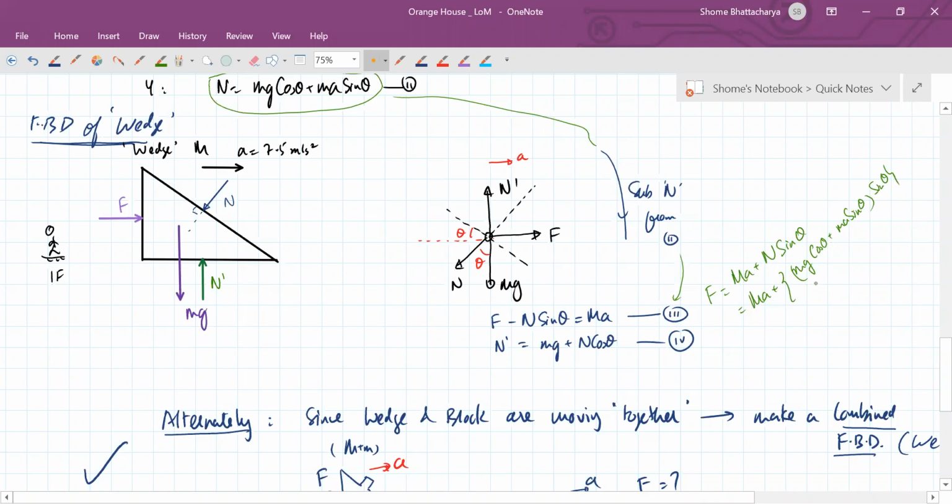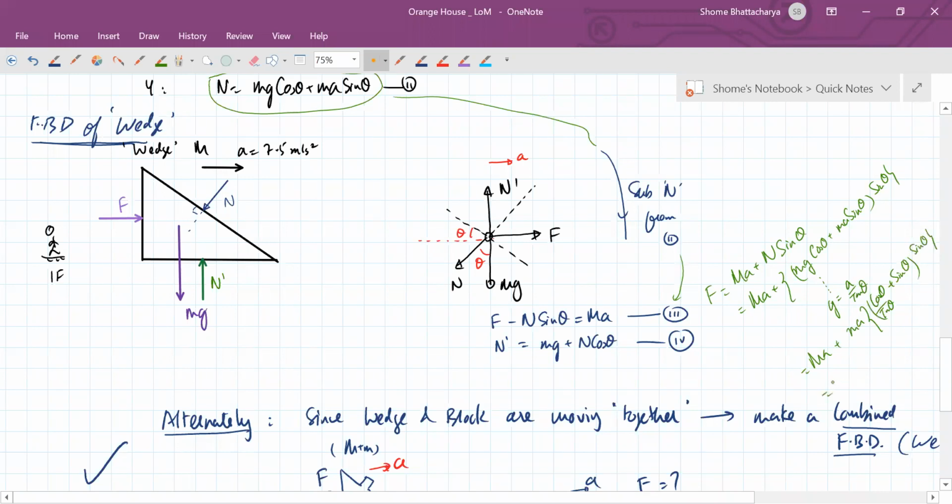Now you can use a little trick over here: you can substitute g in terms of theta and a, because a was g tan theta. So this becomes cos theta upon tan theta plus sin theta, the whole thing into sin theta.